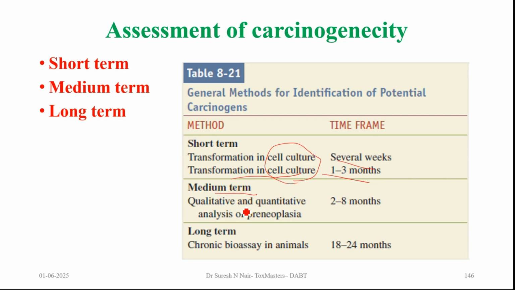And the medium-term test is a qualitative and quantitative analysis of the pre-neoplastic conditions, which will take 2 to 8 months. And the long-term study will include 18 months to 24 months. That is 1.5 year to 3 year study will be the one that is classified as the long-term study. And usually the long-term or the chronic study is done in case of animals.